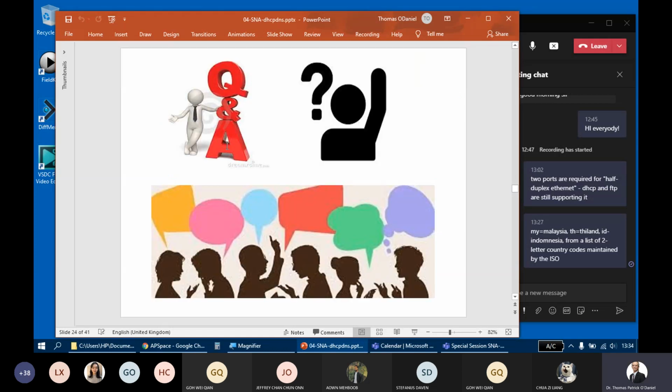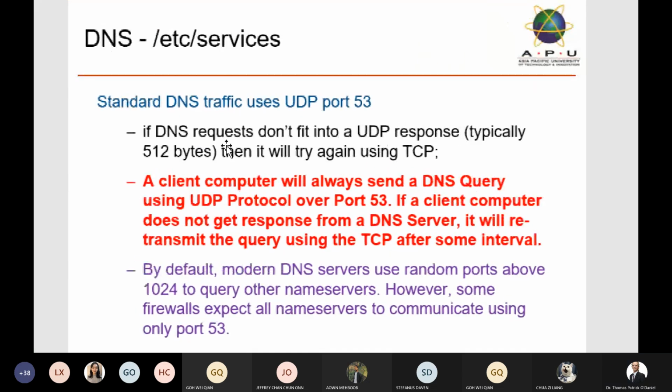Okay, just one last thing. DNS is a unique protocol, all right, because of, again, the design characteristics. When we say it uses TCP or UDP, this is not to support a legacy networking technology.